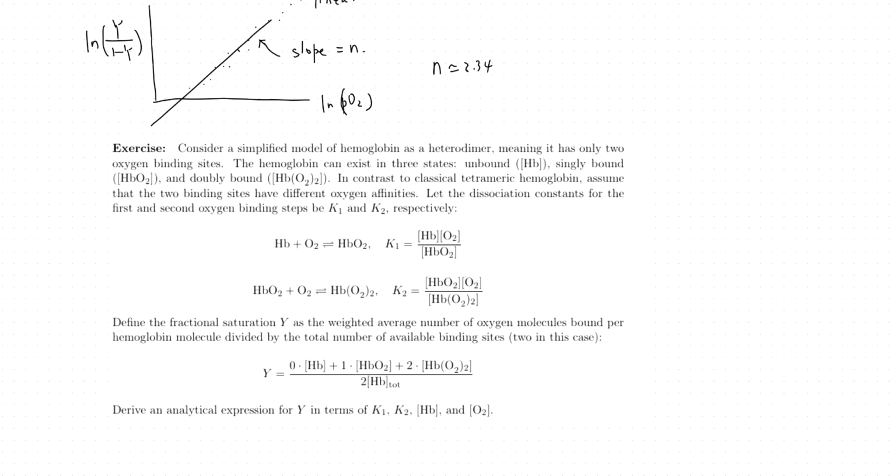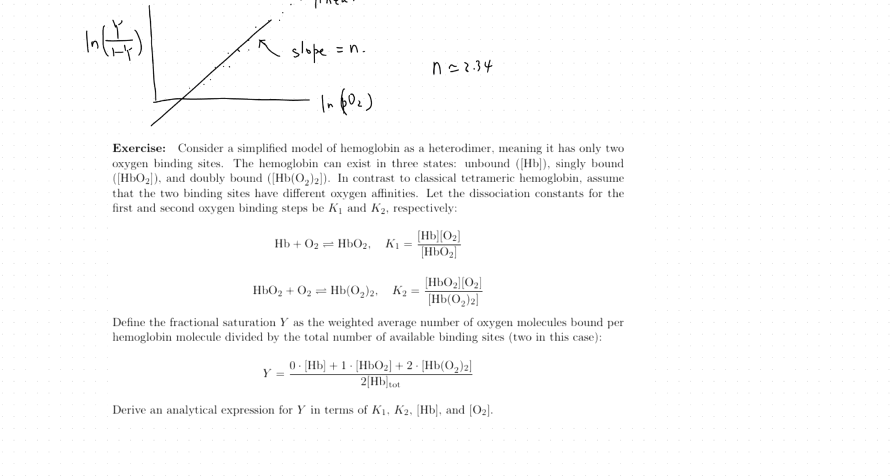Now you can define the fractional saturation Y as the weighted average based on the number of oxygen molecules bound per hemoglobin. In the numerator, for unbound hemoglobin the weight is 0, for singly bound the weight is 1, and for doubly bound the weight is 2.